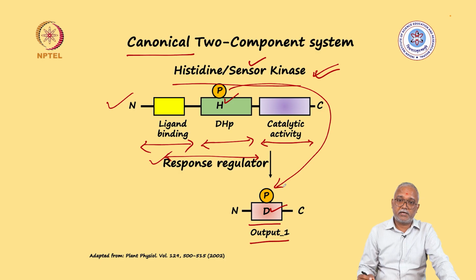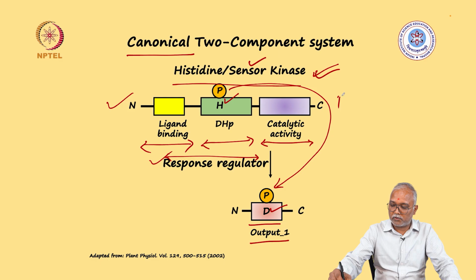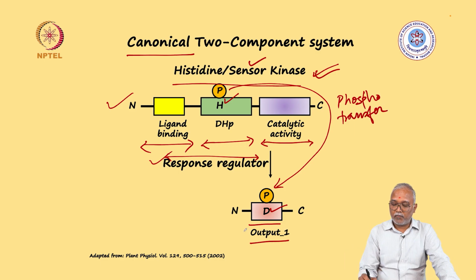Here the histidine residue acquired this phosphate group by use of ATP and its hydrolysis. However, in case of this aspartate residue, receiving this phosphate group is a phosphotransfer event. So this is also called phosphotransfer. And by virtue of the function entailed in this minimal domain, you would see an output.